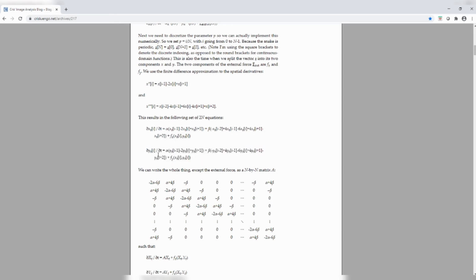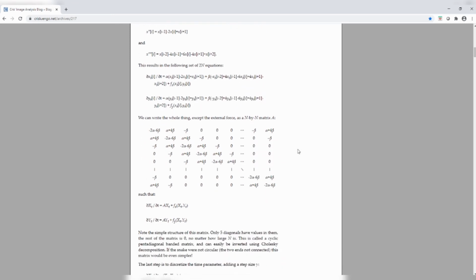And these two expressions can be expressed in terms of a matrix formula, something like this. So it's an n by n matrix. Okay, so it's something like this. So just what I did is basically placed this in terms of matrices. So you can see over here alpha into minus 2 x of t of i. So minus 2 alpha x of t of i, and that also has a term here 6 x of t of i.